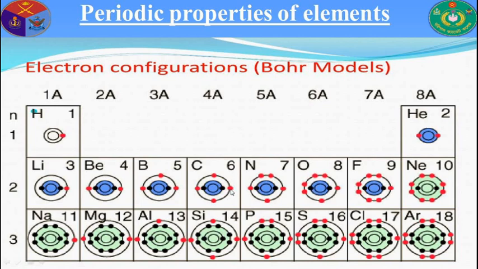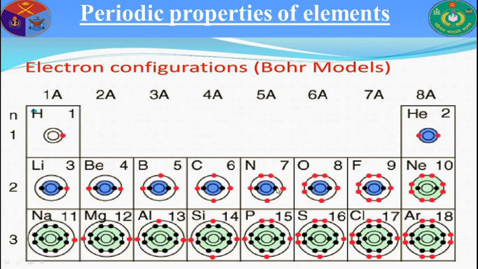Besides this, the attraction of the nucleus on outermost electrons increases. That's why more energy is necessary to remove an electron.